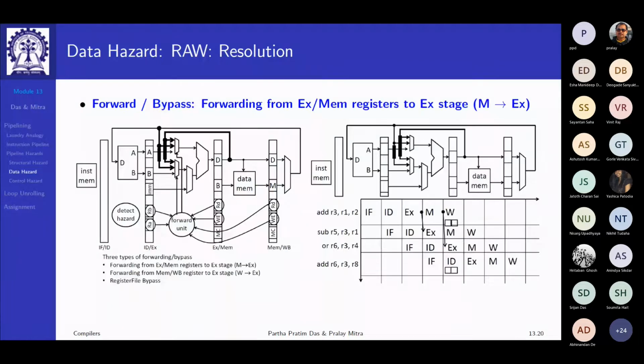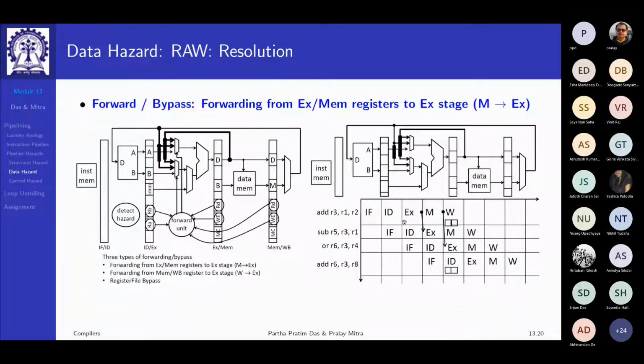We can minimize this by doing some forwarding. The idea of forwarding is that when a value has to be written back to a register, before that write back stage itself the value will become ready, in the execution stage if it is a register type operation. So when I'm doing add R3, R1, R2, the execution stage, the 3rd stage of this instruction itself, will have the value that will be written later in R3, in the ALU.